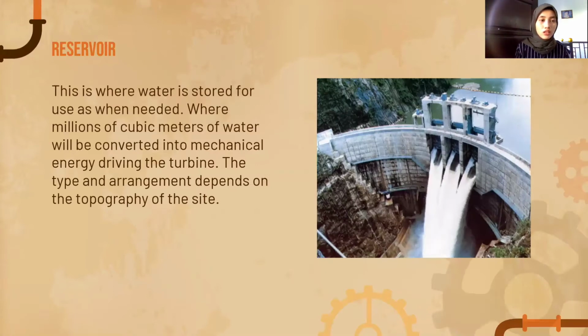Reservoir is where water is stored for use when needed, where millions of cubic meters of water will be converted into mechanical energy driving the turbine. The type and arrangement depends on the topography of the site.